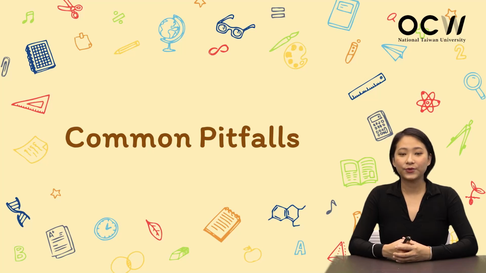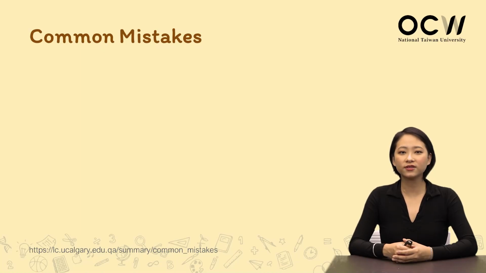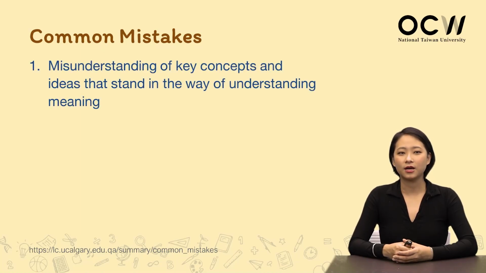So having gone through how to summarize as well as how to synthesize, let's discuss the common pitfalls one can face when composing a summary. So what are some of the common mistakes when we're composing a summary? Number 1, we're misunderstanding key concepts or ideas, which then get in the way of helping us understand the text.